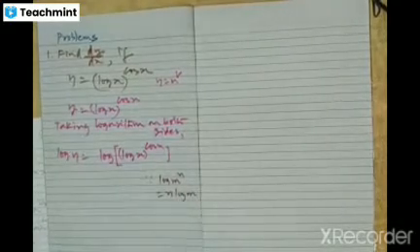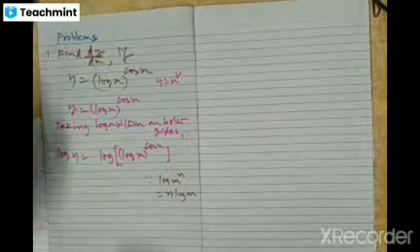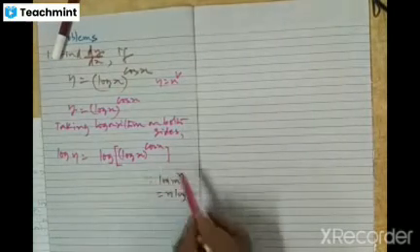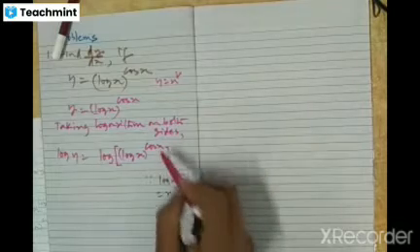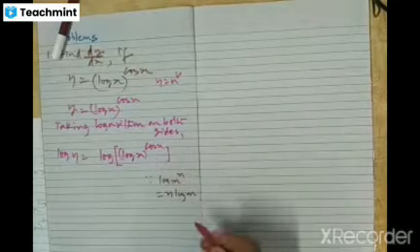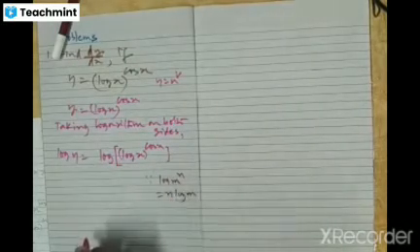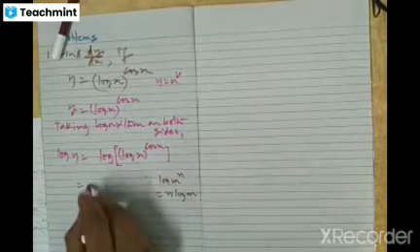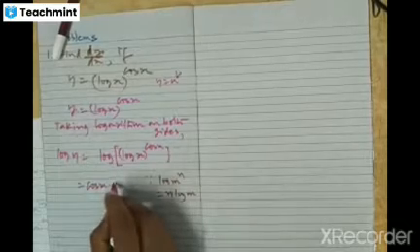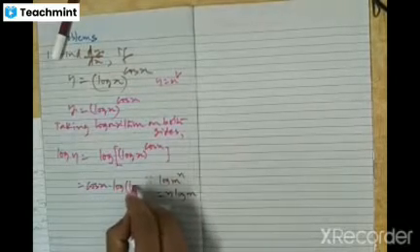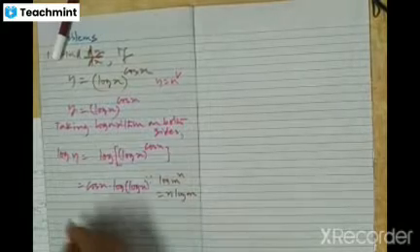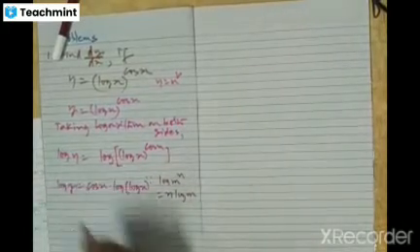I'm going to use this property. So then, in place of n we have cos x, in place of m we have log x. So using this property of logarithm, we can write the right hand side as cos x into log of log x.